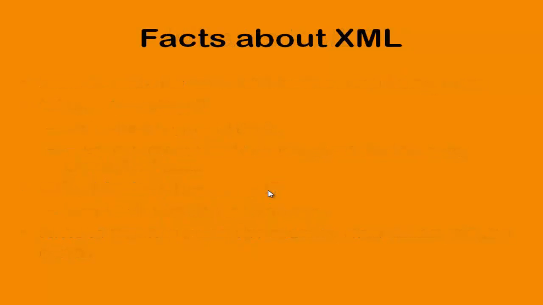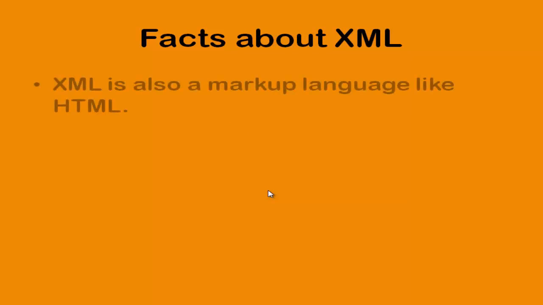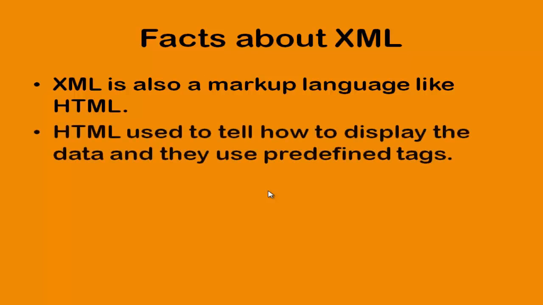And these are some of the facts about XML. To start with, XML is also a markup language like HTML. This we already saw. So what is the difference? The difference is, HTML tells how to display the information, and it uses predefined tags. So HTML just tells the browser how to display the data by using some of the predefined tags.